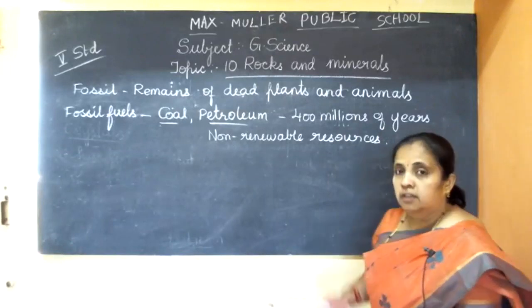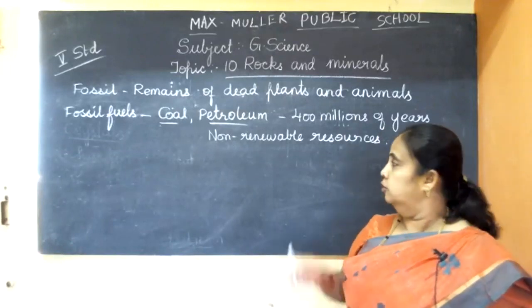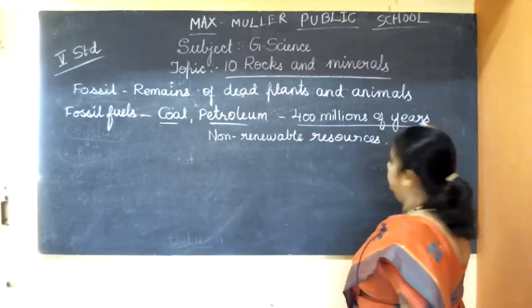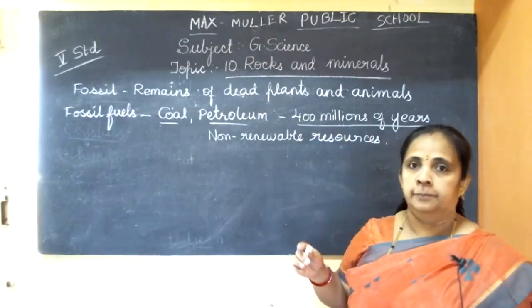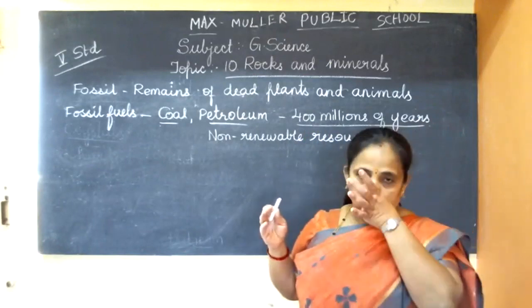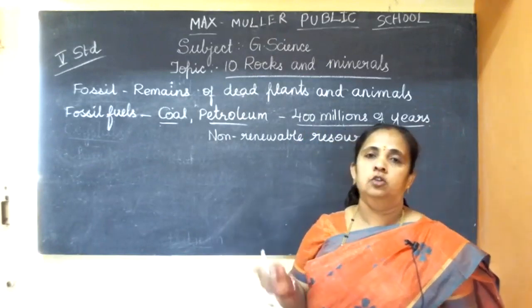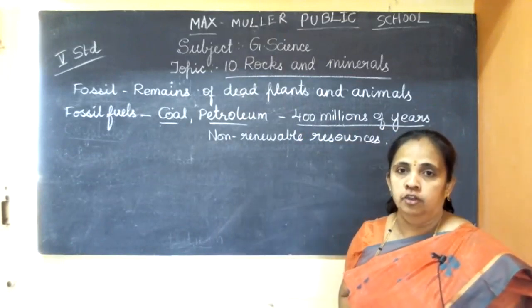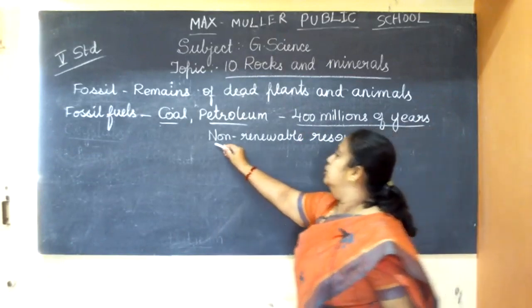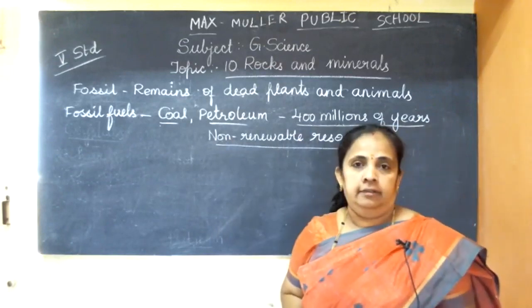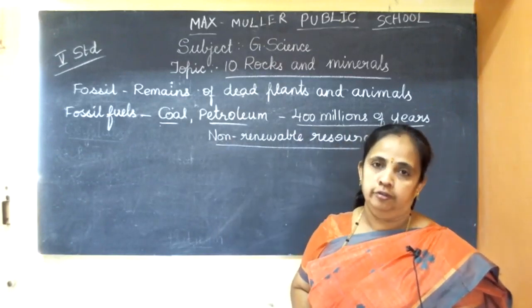Without thinking, if you are using or wasting the coal and petrol, remember it was formed millions of years ago. These fossil fuels are non-renewable, which means they are limited. We have a limited source of it.